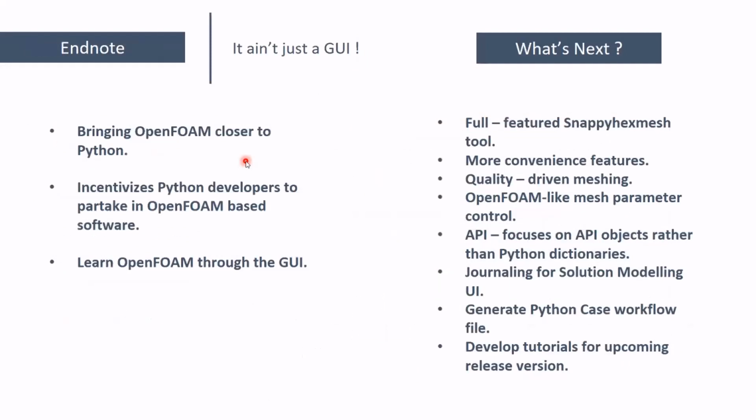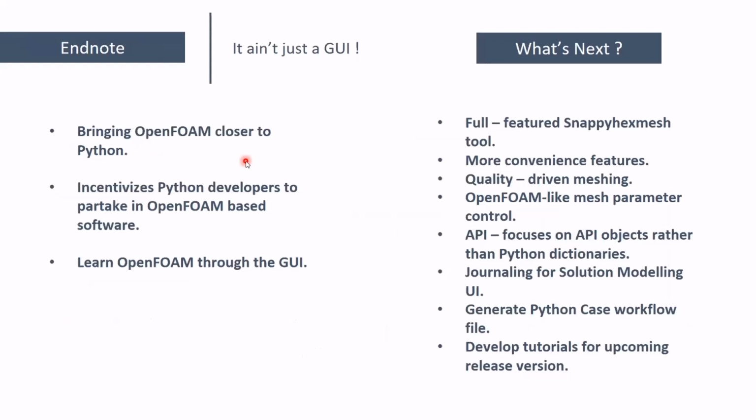On an end note, I would like to mention the fact that we are not just building a GUI. We have a bigger aspiration of bringing OpenFOAM more closer to Python, because in the modern times, we see a lot of computation code is being moved to Python, and that has been a common mindshare within scientists. We also saw that while we were developing this, a lot of Python developers were interested to partake in OpenFOAM development.